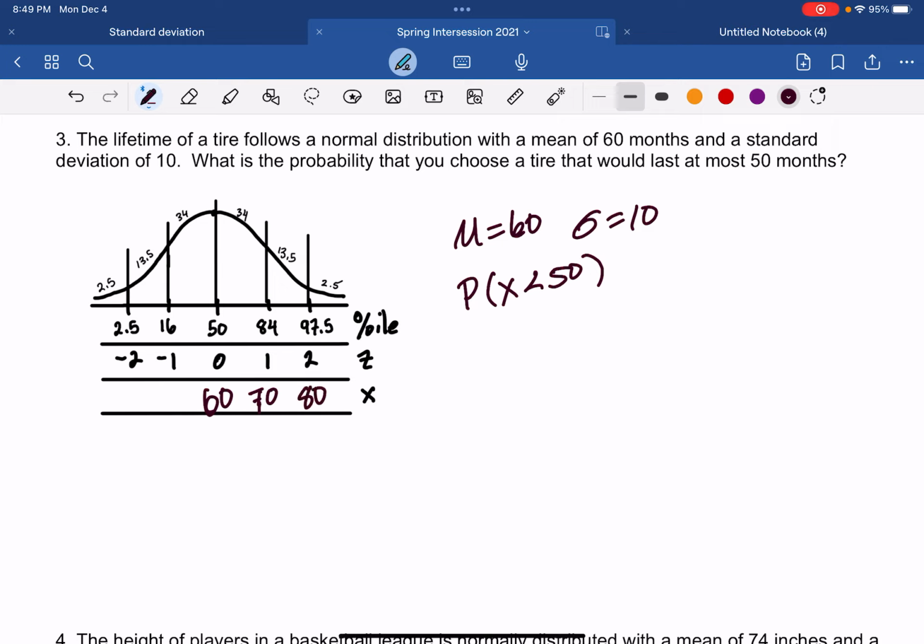These are like the marker points. And then down over here we got 50 and then 40. 40, 50, 60, 70, 80. So the standard deviation gives us the spread or the variation or the variety of points that are possible in this distribution.